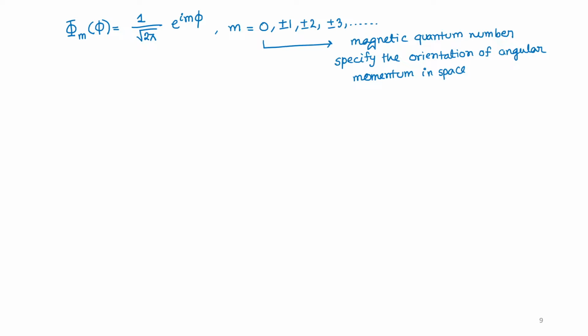If you are operating the Lz operator on the wave function, or in the phi dependent part, you are going to get something like m h cut. So in h cut units, you are going to get the orientation of the angular momentum in space.